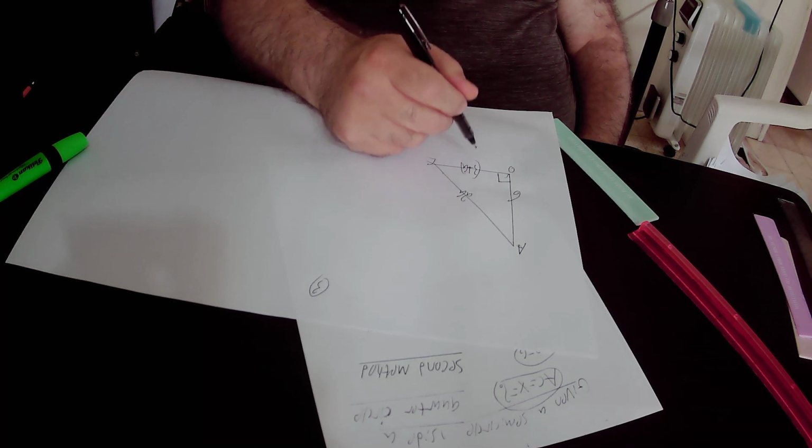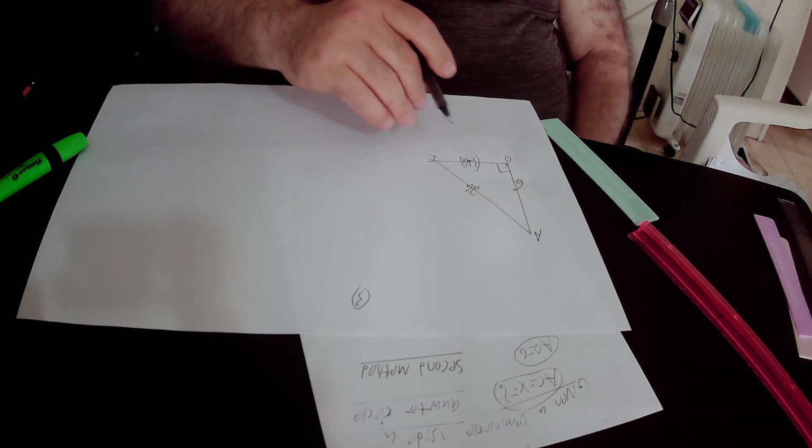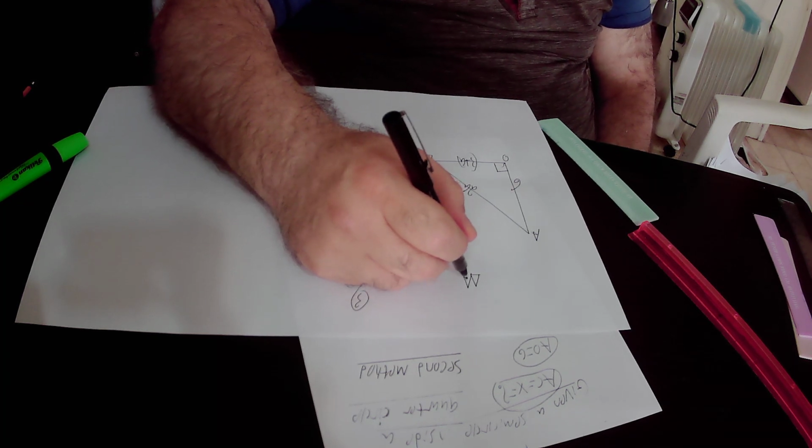Now we can implement the Pythagoras theorem on the right triangle AOE.